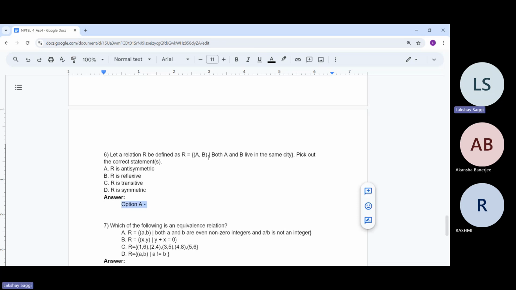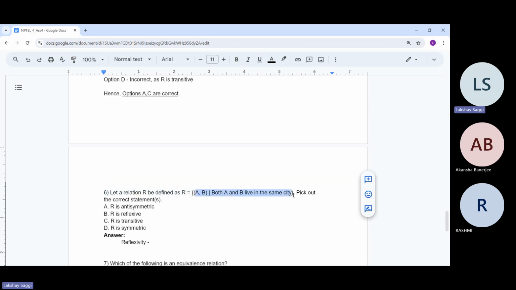Maybe we can start with reflexivity first of all. Reflexivity is the first property. So is this relation reflexive? For reflexivity, all elements of the form (A, A) should be part of the relation R. So this means that A and A should live in the same city.